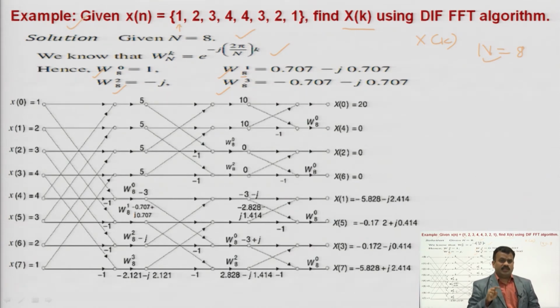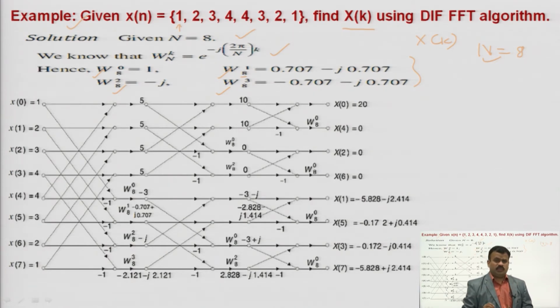Whether you are calculating DFT or IDFT using DIT FFT or DIF FFT, the values of W_8^0, W_8^1, W_8^2, W_8^3 will be the same. This is the advantage of this FFT algorithm. After designing the algorithm, it is so easy for us to calculate the Fourier transform for a discrete time signal. This is the biggest advantage.